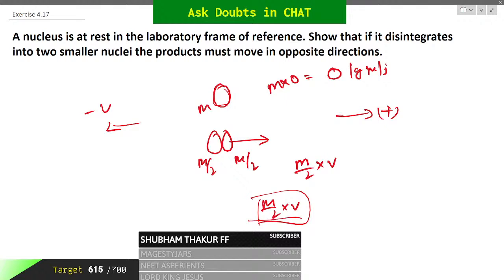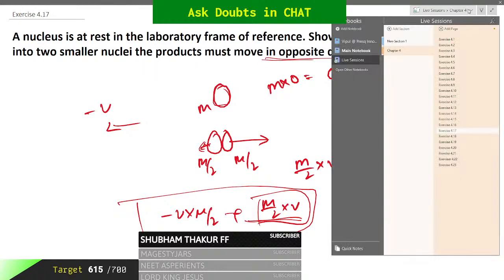It will be 0 when the other mass has exactly the same momentum as this one in the opposite direction, so the other mass must have minus v, so that the summation of momentum remains 0. That's how we can say that the other part must move in the opposite direction.